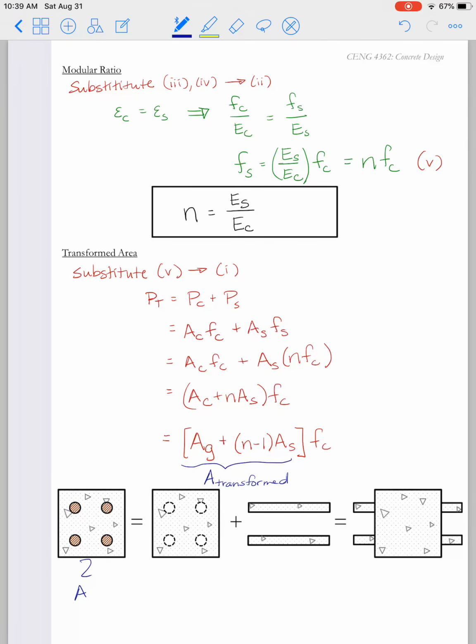And again, I just want to stress the point with that diagram on the first page, so we'll look at it again here. This is the gross area, so the entire length times width, whether it's a beam or a column, it's the total area. And so that equals the area of just the concrete plus, now we're transforming the steel into an equivalent area of concrete, and that's equal to N times A sub S. So now it's all concrete.